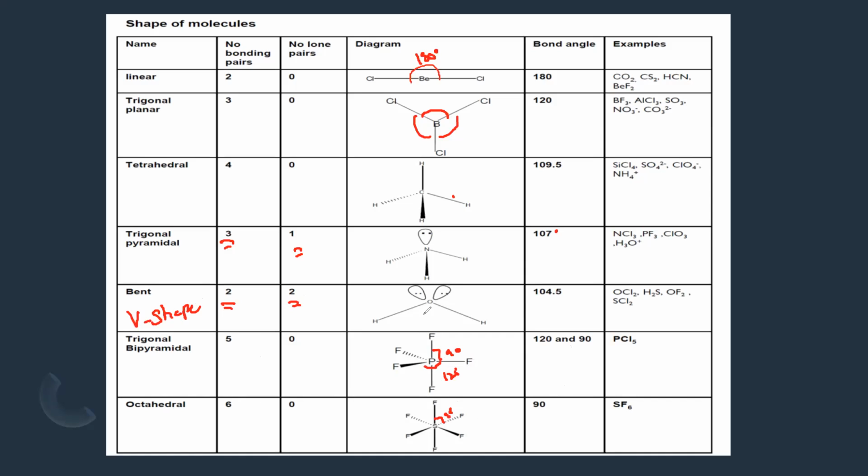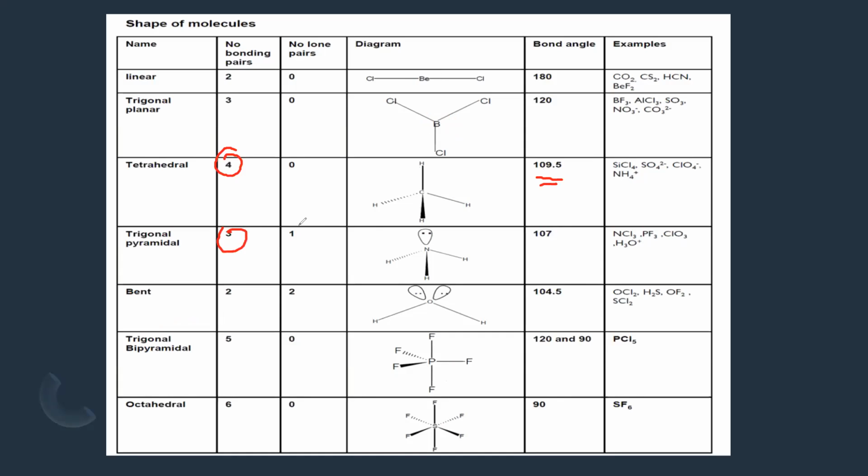These dash and wedge, what are they representing? They are representing in and out. Like one of the bonds is into the plane, another one is out of the plane. So this table is important. I will give examples. Normally you will find a question after drawing the structure. They ask how many bond pairs are there, how many lone pairs, and then predict the geometry. But what you observe, if there are four bond pairs, the bond angle is 109.